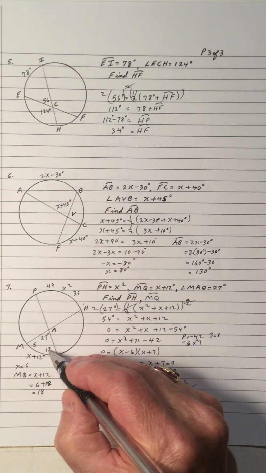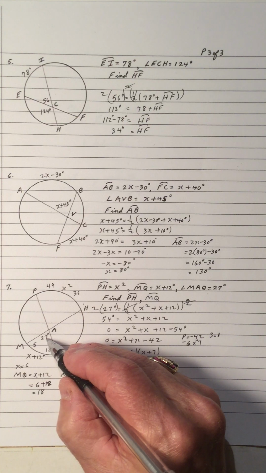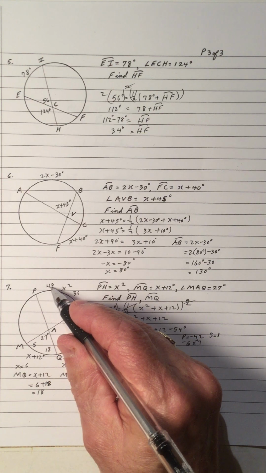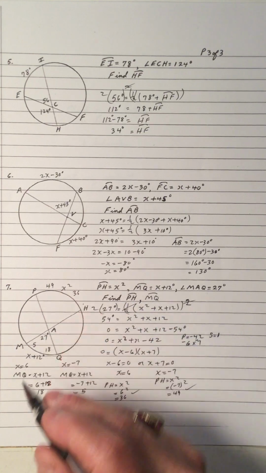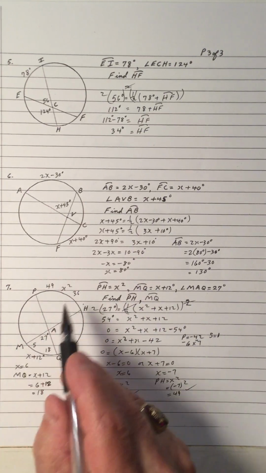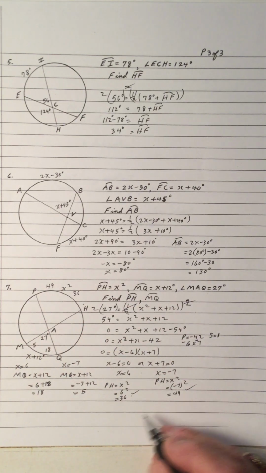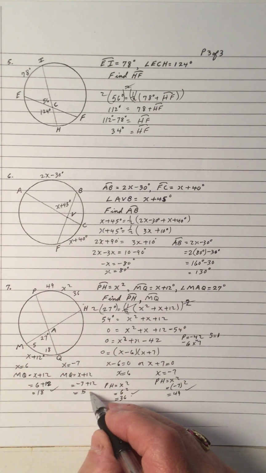So if you add these up, you get 54, half is 27. If you add these two up that go together, we have 54, which is 27. So PH can be these two values, and MQ can be these two values.